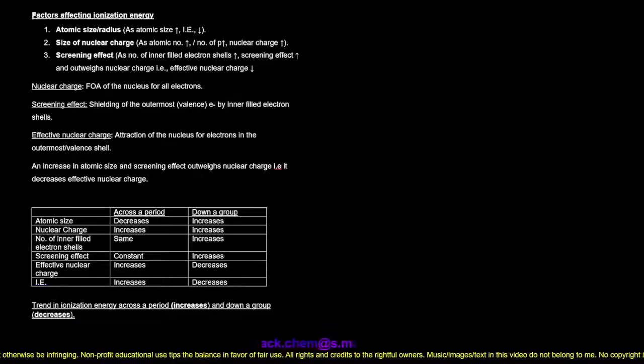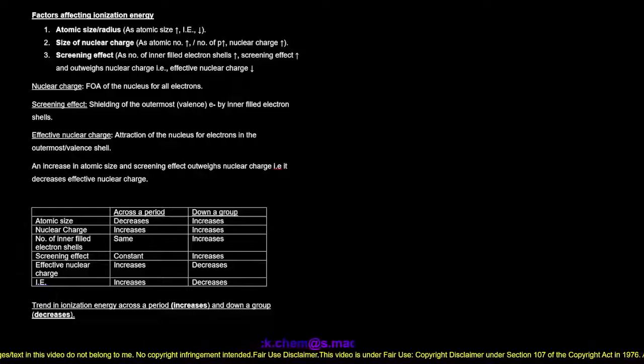Once we understand that atomic size is increasing, we should understand what happens with our nuclear charge. With an increase in atomic size, it automatically tells me we have an increase in the number of protons and electrons, so our nuclear charge is expected to increase. Atomic size increases, nuclear charge increases.